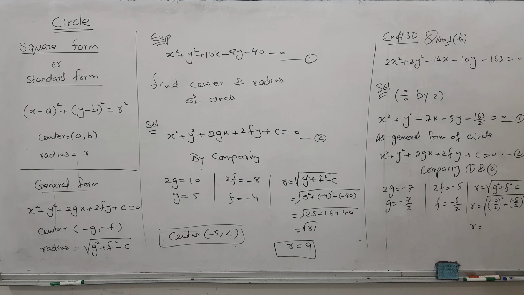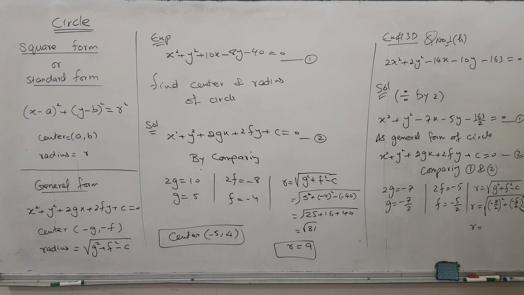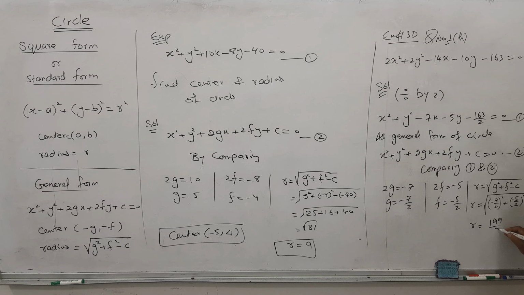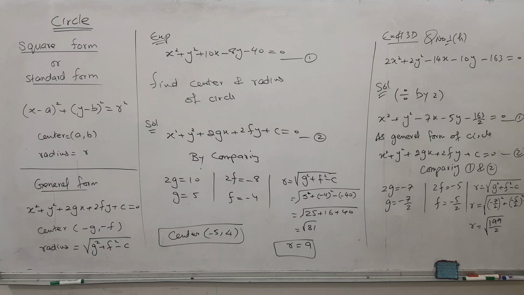So it would be a positive sign, plus. It comes to 199 by 2 under a root. Okay, this is our value.